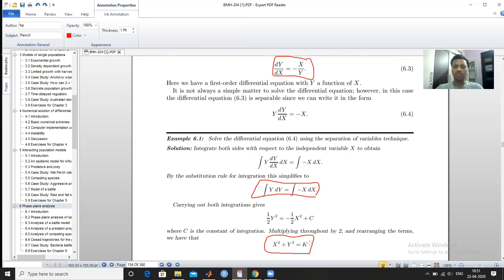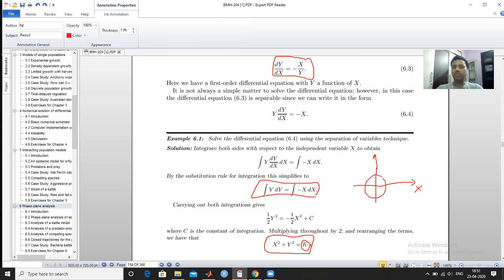And what is k? k is a constant. And you will be surprised, this is the equation of circles. If you compare it with x square plus y square equal to r square, then r square is equal to k. So the curves you get if you plot between x and y will be circles.